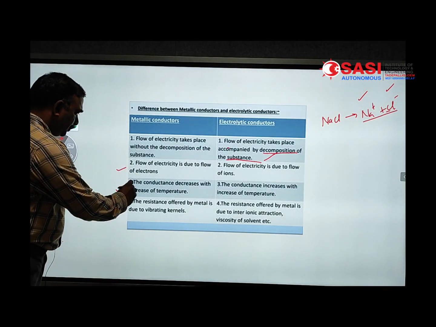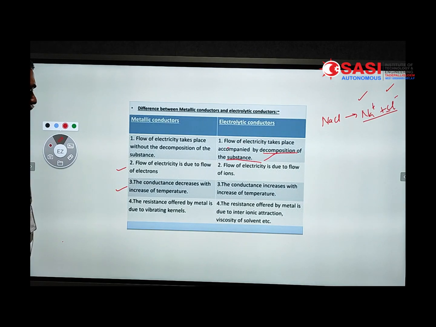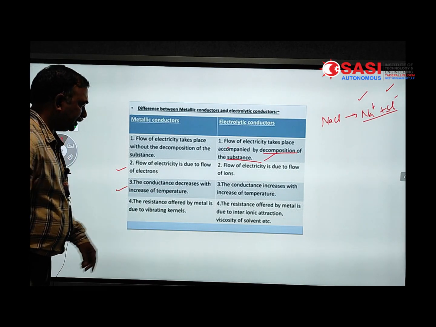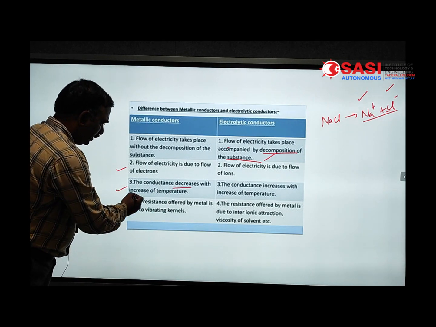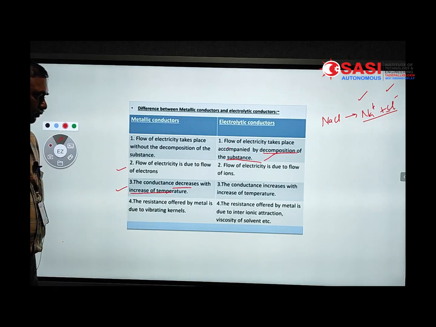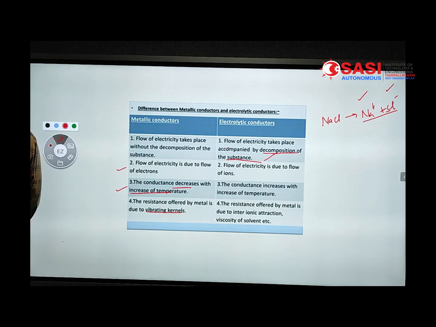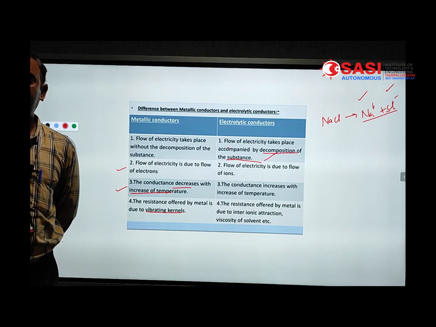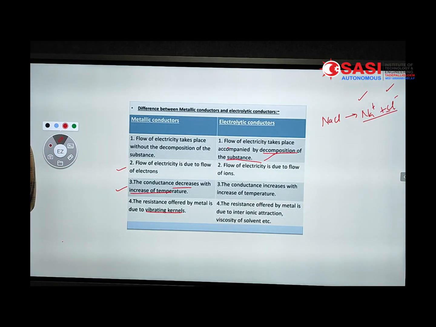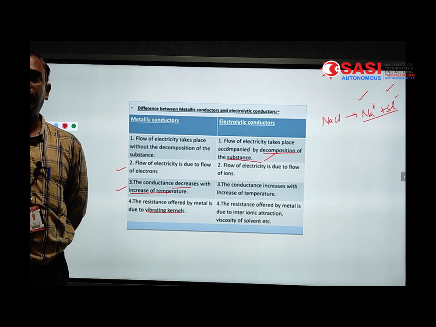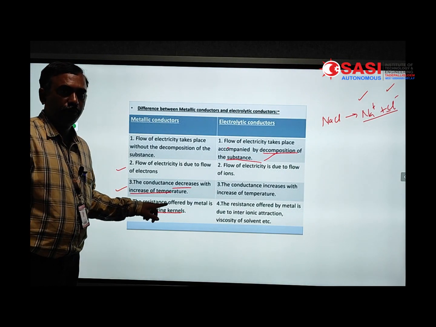Similarly, the third point. In the case of metallic conductors, the conductance decreases with increase in temperature. Why? Due to vibration of the kernel atoms in a metal. If you give thermal energy, the atoms start vibrating and interfere with the flow of electrons.